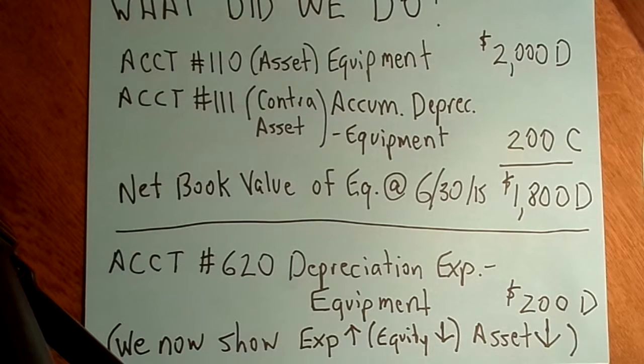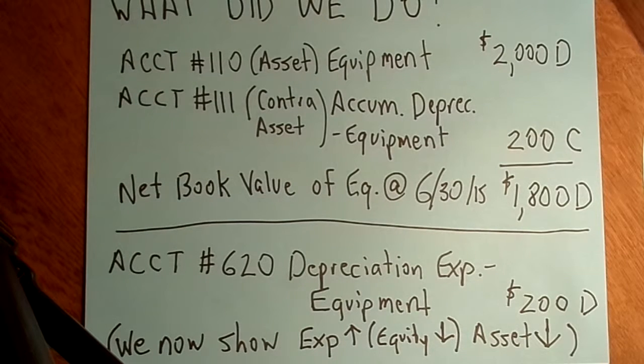It has a balance of $2,000. We've left that balance intact. But then we've shown a contra asset, account 111, accumulated depreciation, with a $200 credit. Now when we net those, the $2,000 debit against the $200 credit, we have the net book value of equipment showing as $1,800.